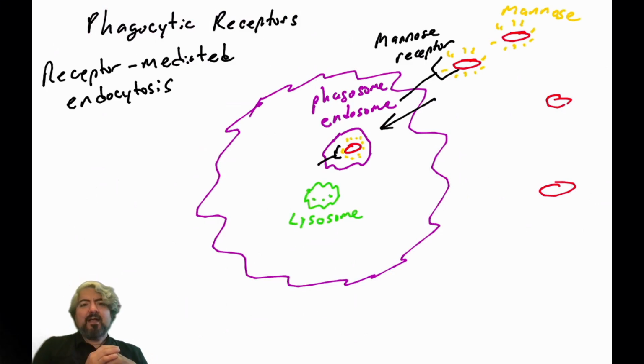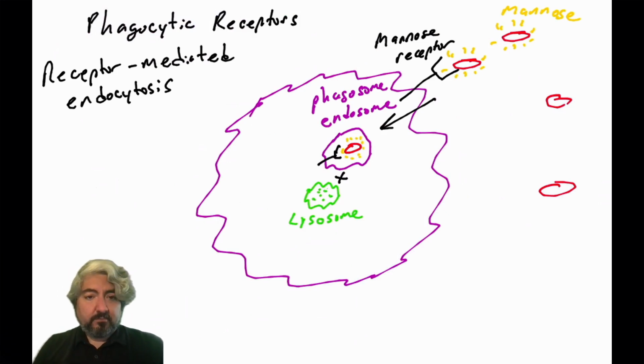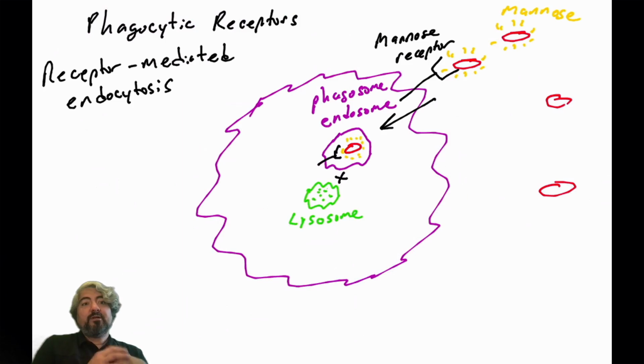And in the macrophage, and we're not going to go into great detail in this video, there are other vesicles called lysosomes. And these lysosomes contain enzymes and other reactive species of molecules that are very toxic. And what occurs in phagocytes, such as a macrophage, is the phagosome and the lysosome will fuse together to form the phagolysosome.